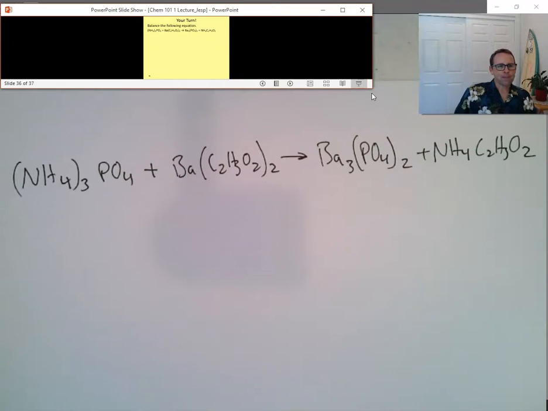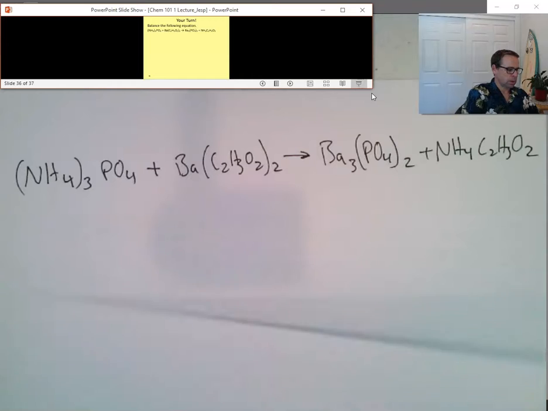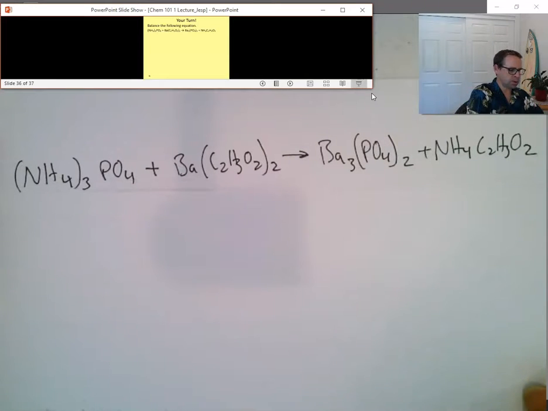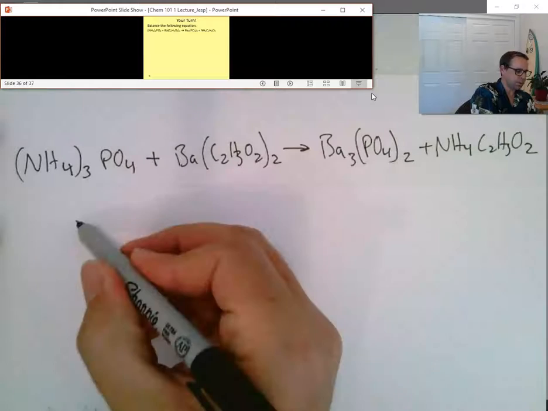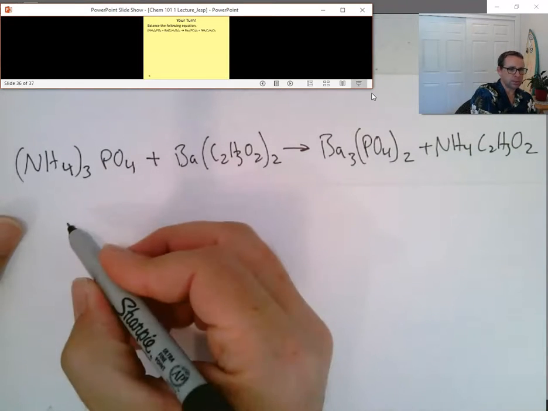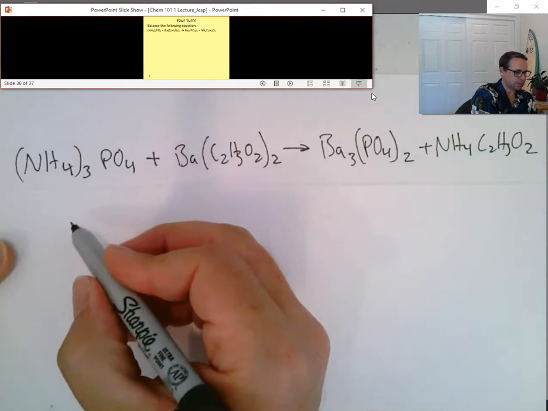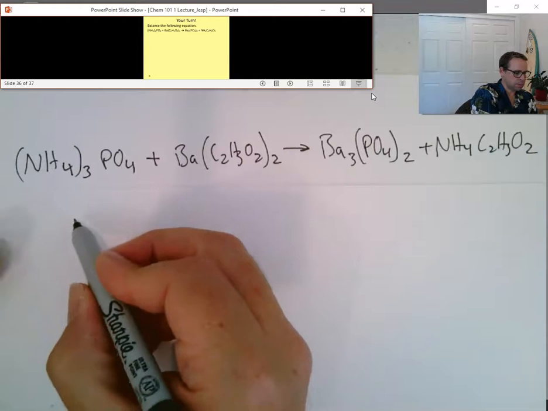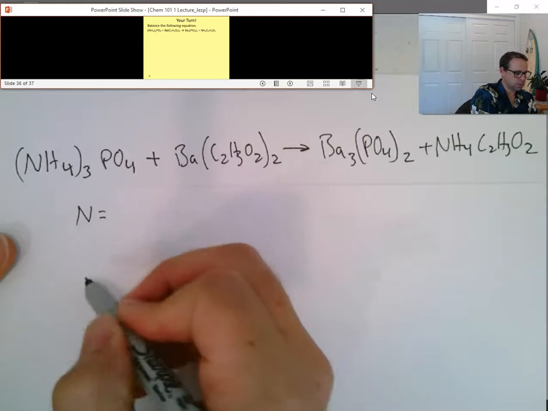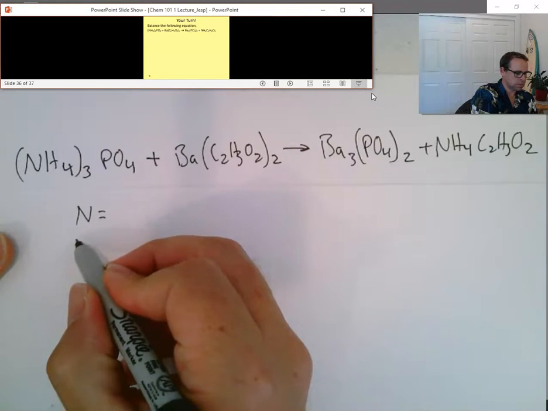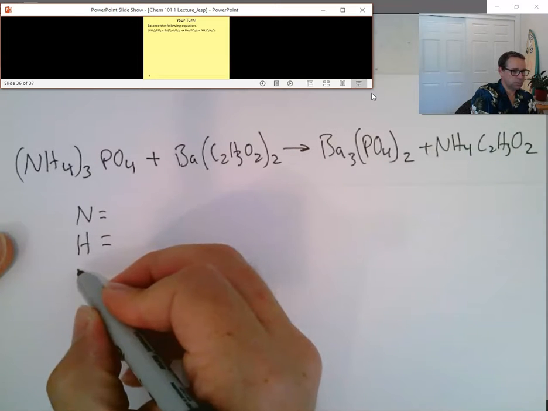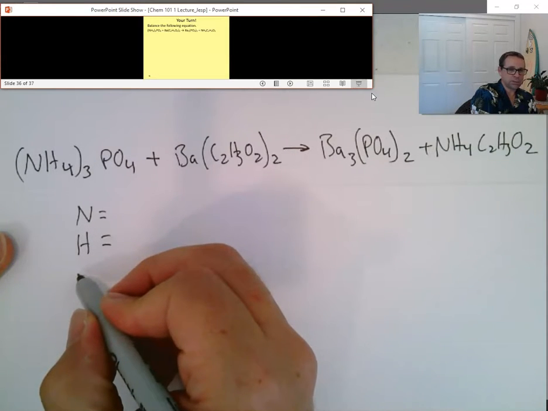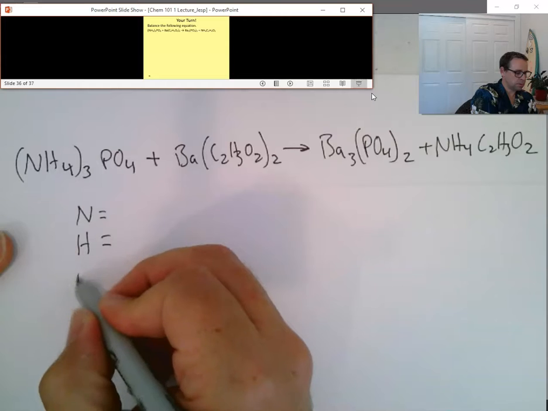So, what we would normally do, and this is one we're going to use for me to show you a trick, is make a list of the elements. Can you help me make a list of the elements on the left? Nitrogen. Hydrogen. P is phosphorus.